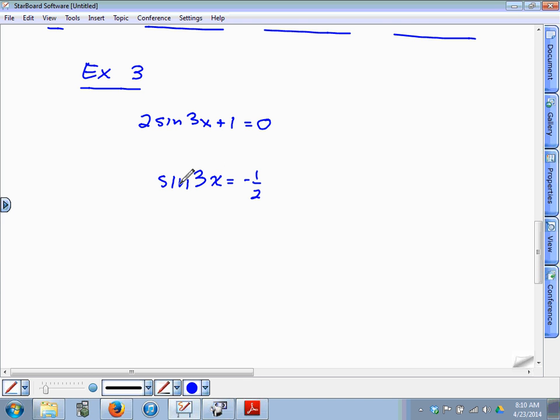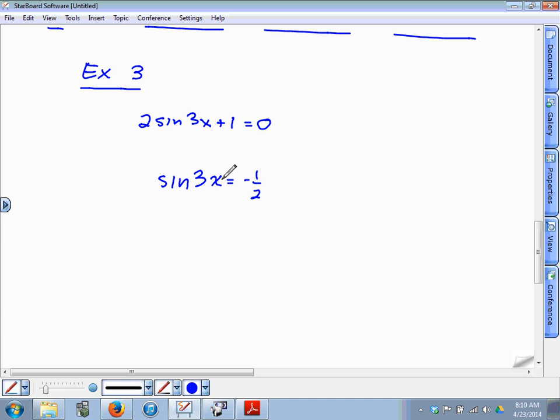Well, we don't know a specific formula for the sine of 3x. We could maybe split this up into the sine of 2x plus x and then use the sum identity. That would make it a lot more difficult to do it that way.